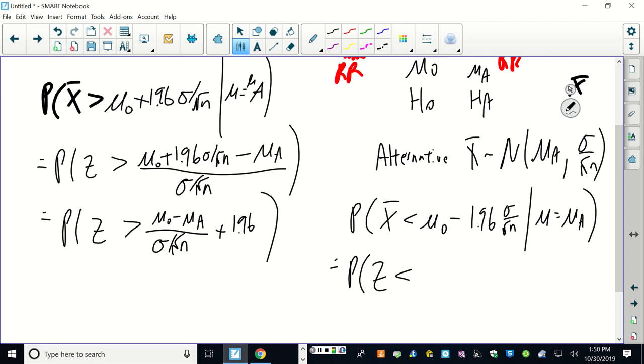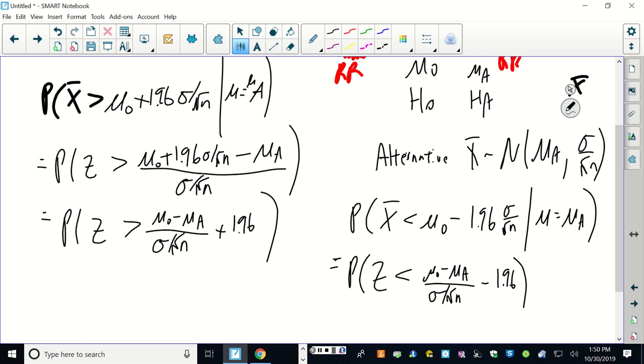So now we would subtract mu sub a, so it's still mu sub 0 minus mu sub a over the sigma square root of n. But now there's a minus 1.96 if we do the same thing. Right? And so that's going to give us some idea of power.